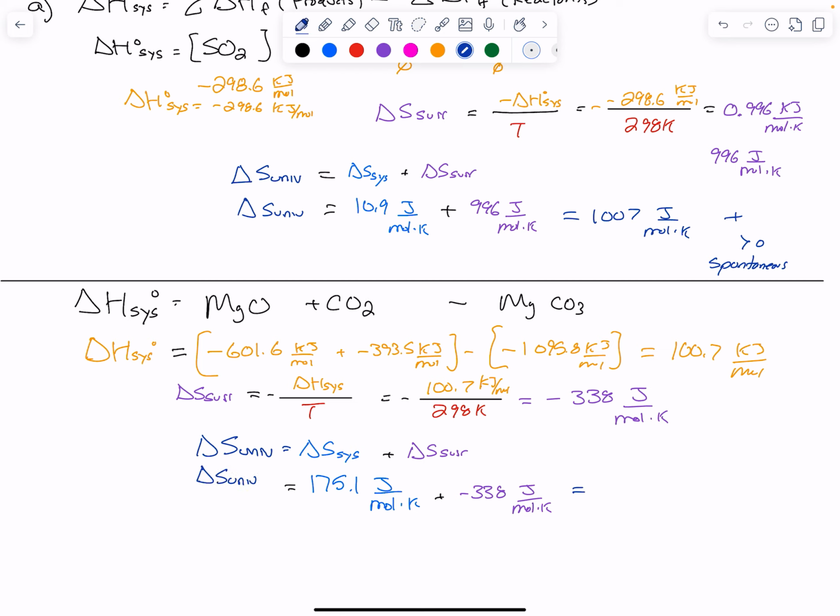So if we do 175.1 minus 338, I get negative 162.9, so negative 163 joules per mole Kelvin. That would be negative, so I'd say it's non-spontaneous. And then we got C.